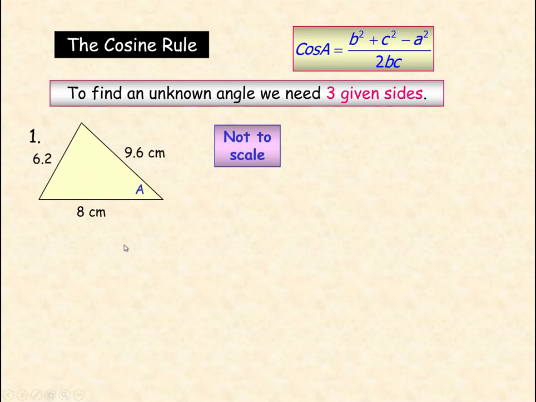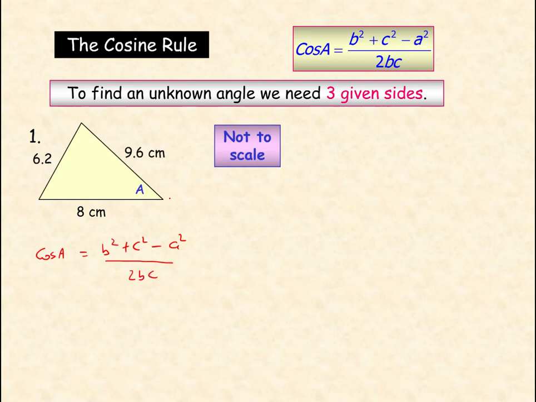Right, question 1. We've got our triangle with three sides, and we know our formula is given by cos A is equal to b squared plus c squared minus a squared all over 2bc. So now we can label our triangle to help us.